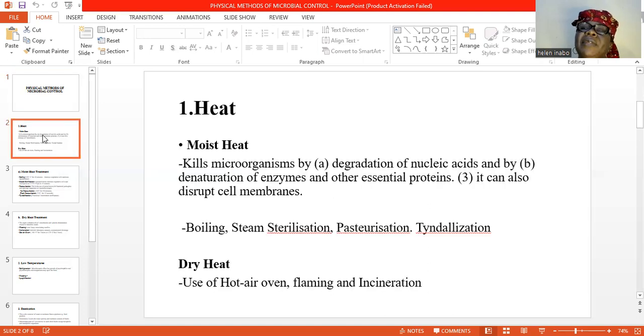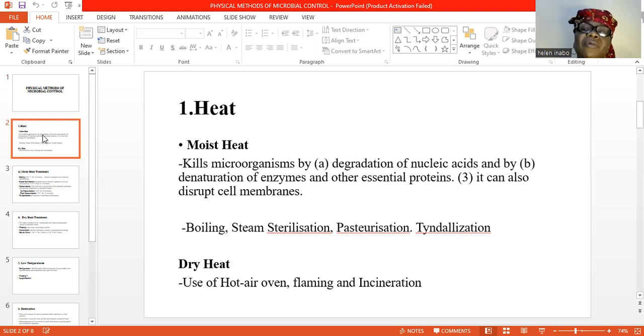Heat is a physical method used in controlling microorganisms. There are two types of heat treatment. You have moist heat treatment and you have dry heat treatment. The moist heat treatment ensures that microorganisms are killed by denaturation of enzymes and essential proteins, disruption of cell membranes, and degradation of nucleic acid.